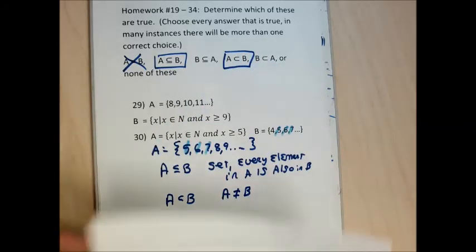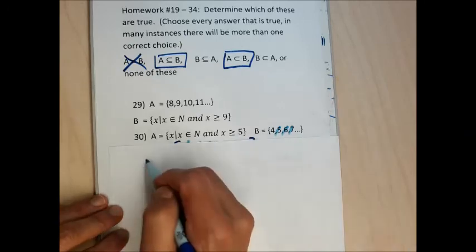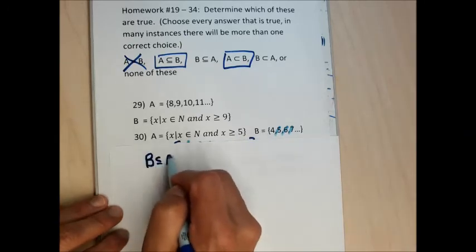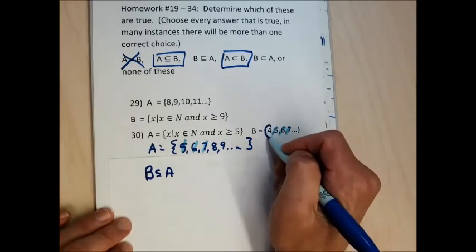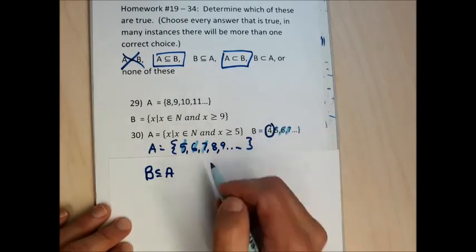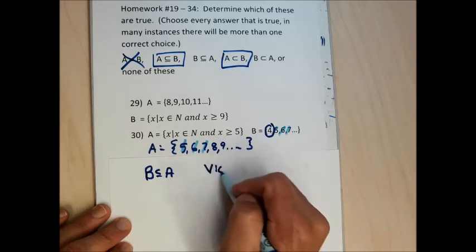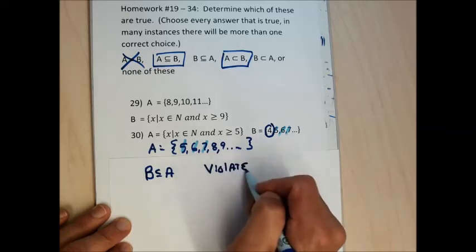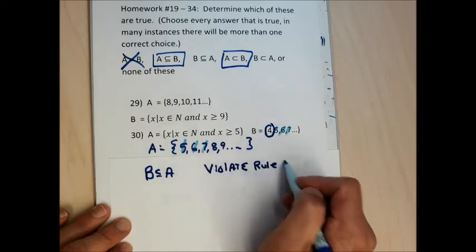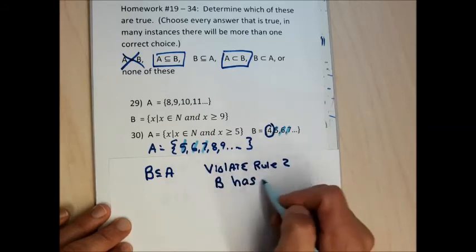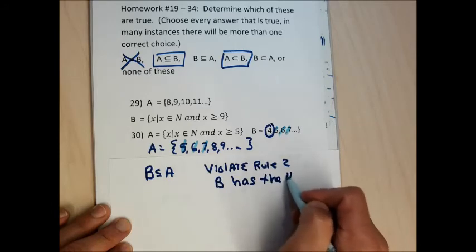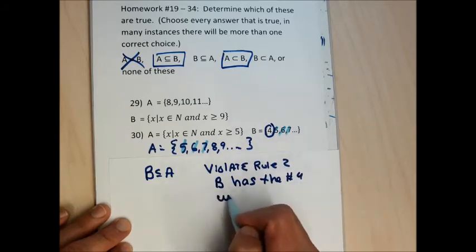To look at B as a subset of A, this one's not going to be good, because although B's a set, B has a 4 in it that A doesn't have. So this is going to violate rule 2.